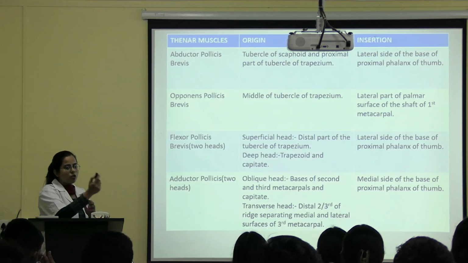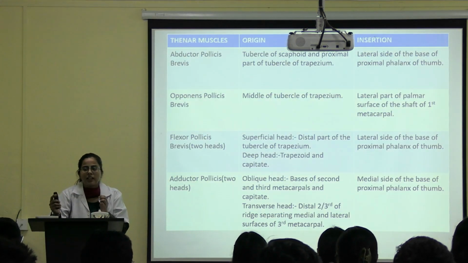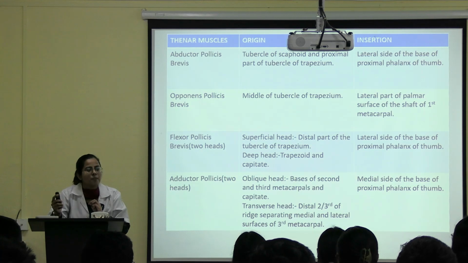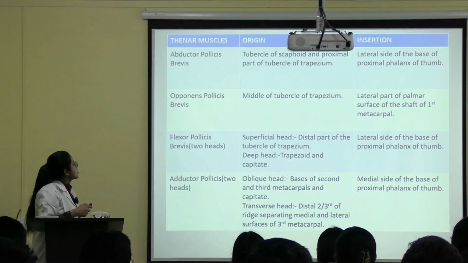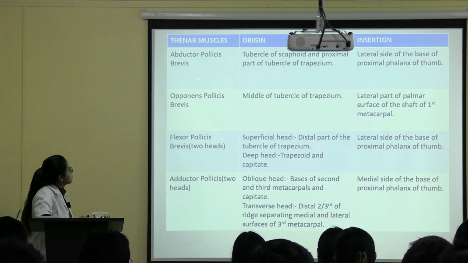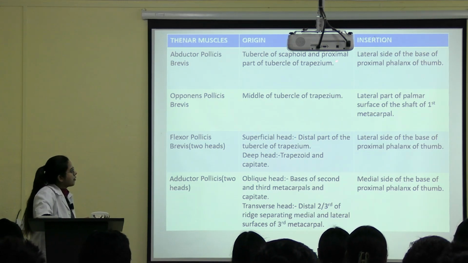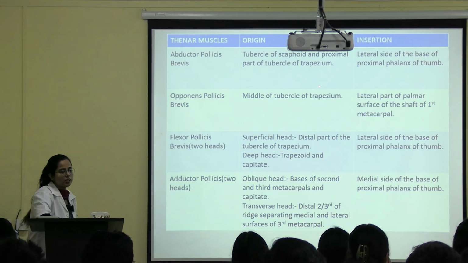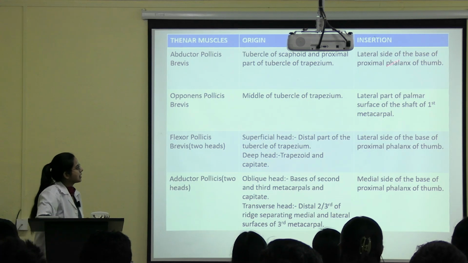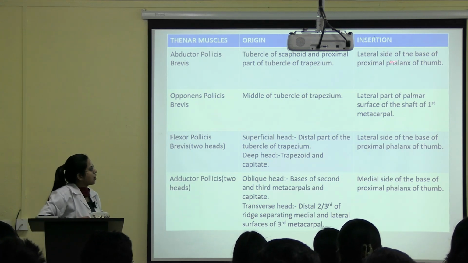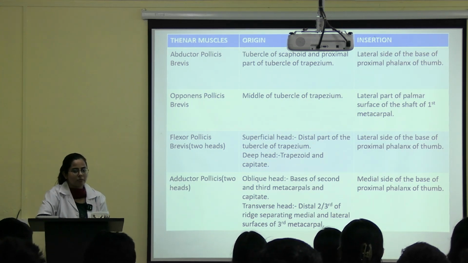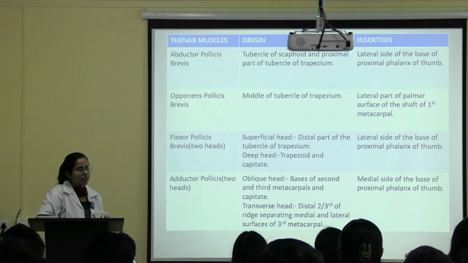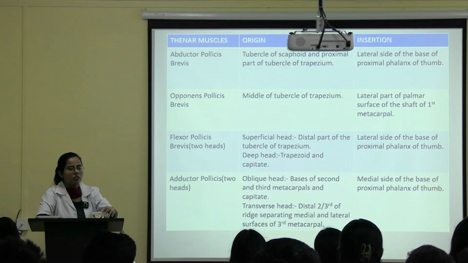So what I told, muscles of thenar eminence are supplied by median nerve. Adductor pollicis is supplied by ulnar nerve. So you can see abductor pollicis brevis from the tubercle of scaphoid and proximal part of tubercle of trapezium, getting inserted in the lateral side of base of proximal phalanx of thumb. Are you getting which part they are talking about?